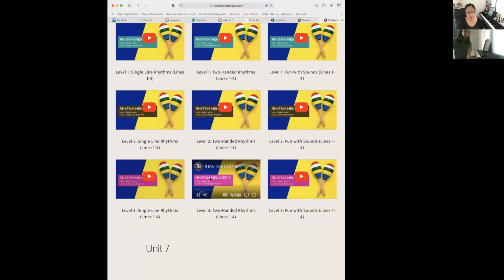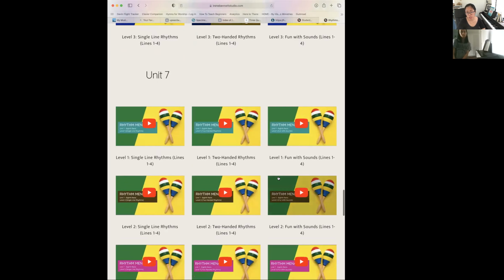It's in 3 rhythms basically. It says here, line 1, tempo 100. So it becomes fast. So I want you to do the tempo 100 for each of the rhythms.